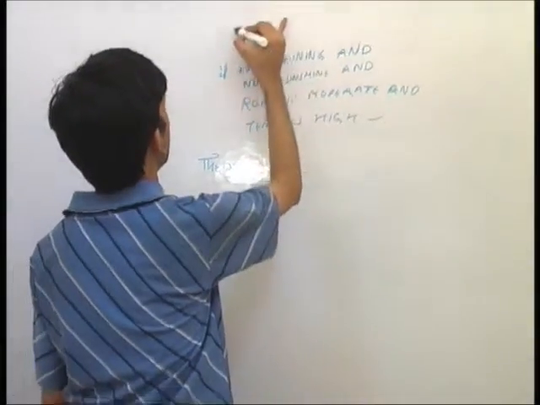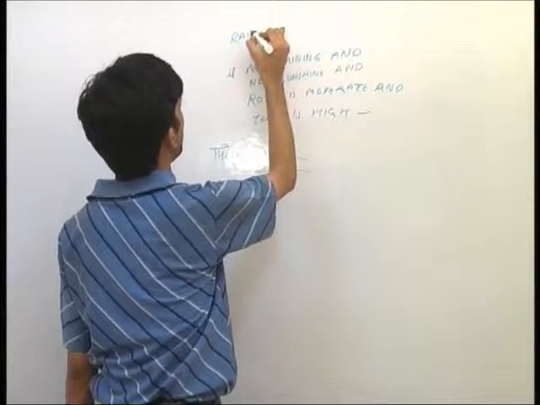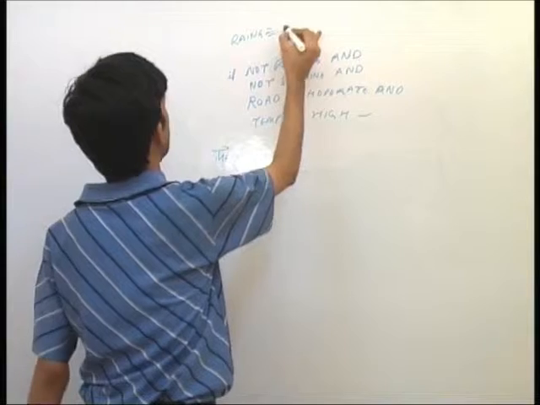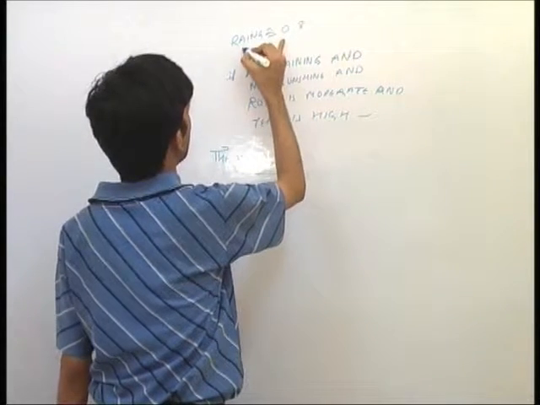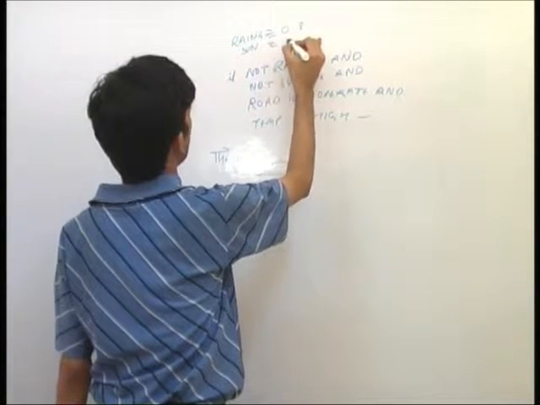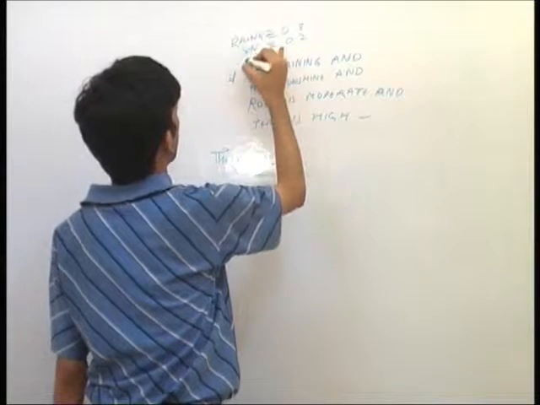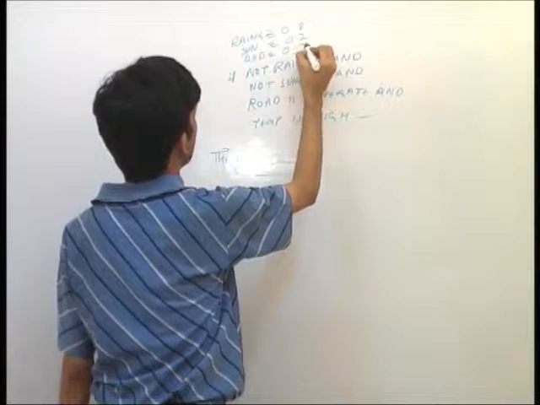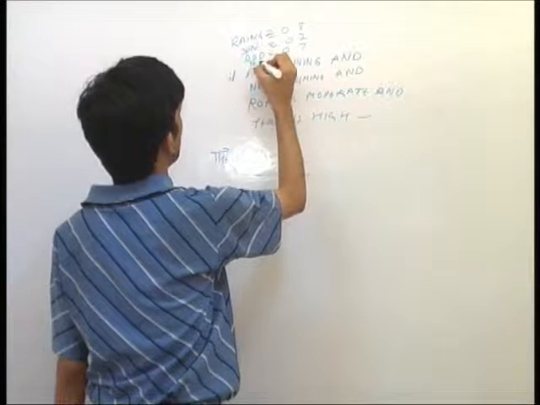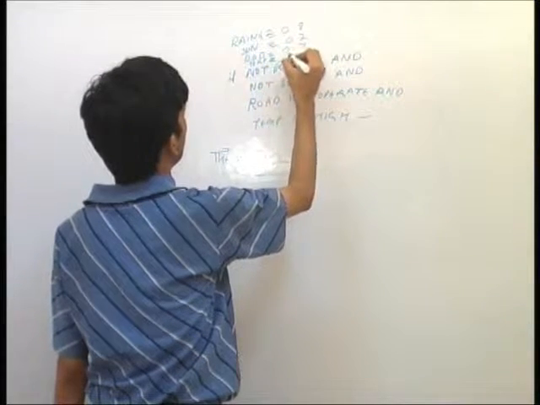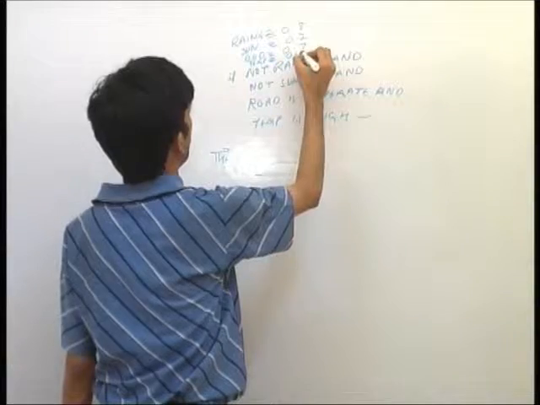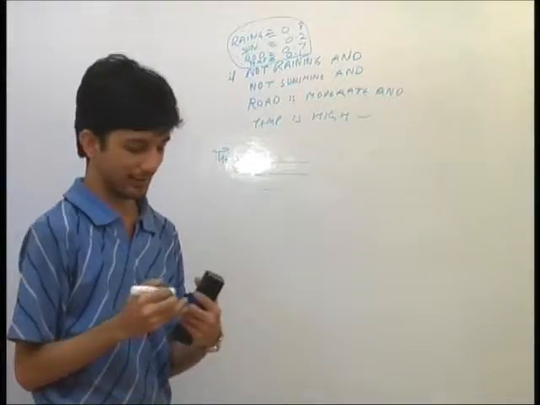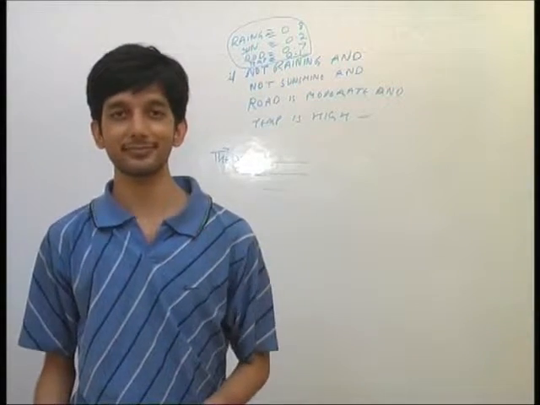Let me say that my fuzzy set was, at any particular day that I observed, raining was to the extent of 0.8, sunshine was to the extent of 0.2, road was something like 0.7, and temperature was as high as 0.1. Let me say this is the recording of one day.